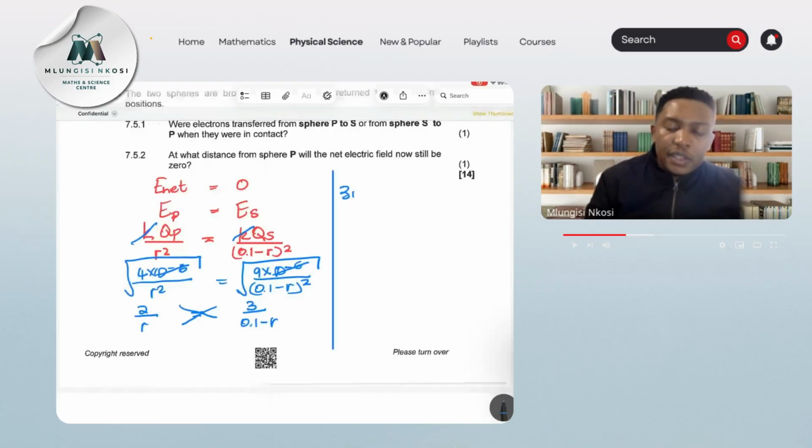So the charge on P is 4 times 10 to the power negative 6 divided by r squared, and the charge on S is 9 times 10 to the power negative 6 divided by 0.1 minus r all squared.